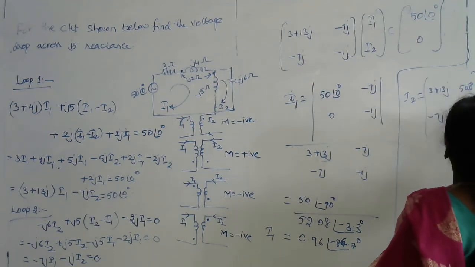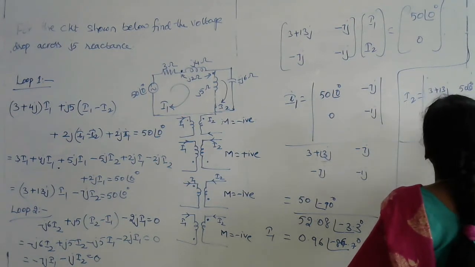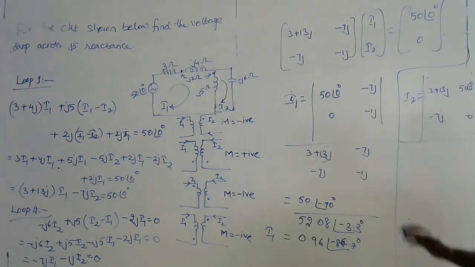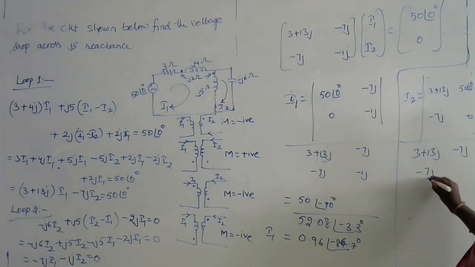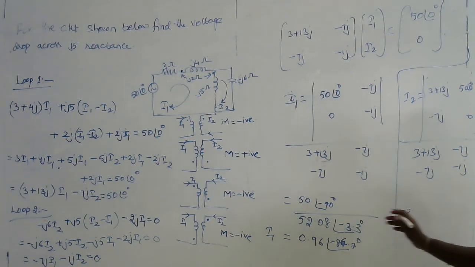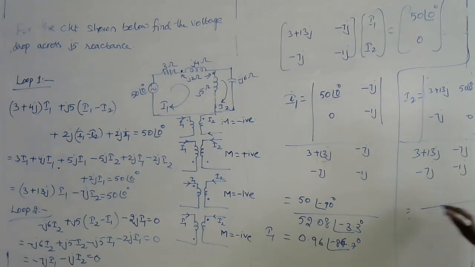Same thing, the difference is just replacing the I2 column with these values, divided by 3 plus 13j, minus 7j, minus 7j, minus 1j. Now if you observe, the denominator part is same, so you will be getting the denominator as 52.08 angle minus 3.30 degrees.